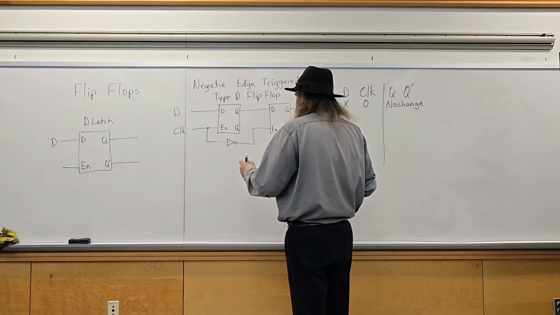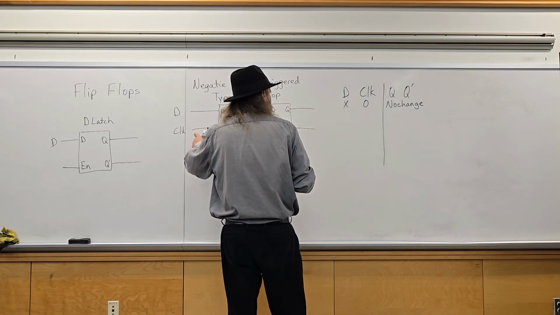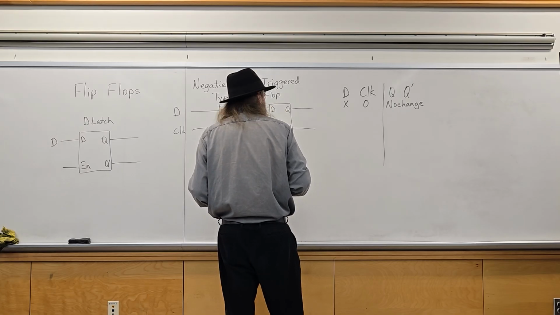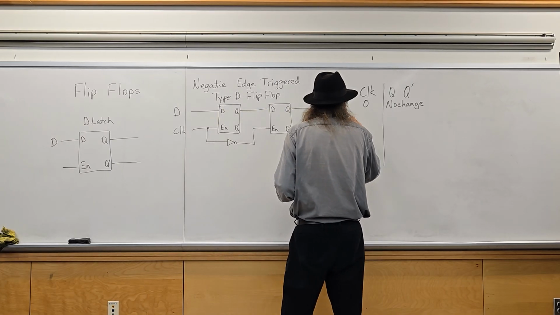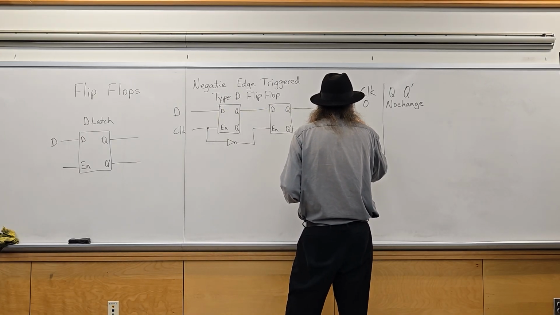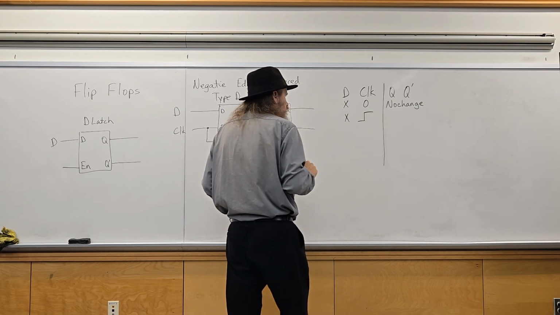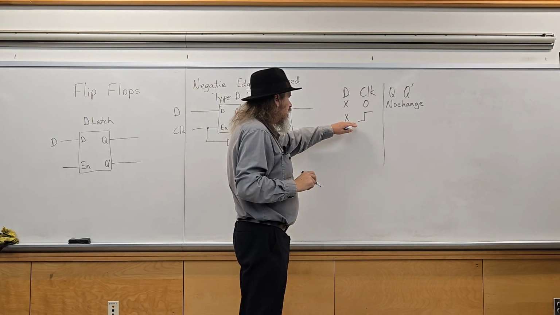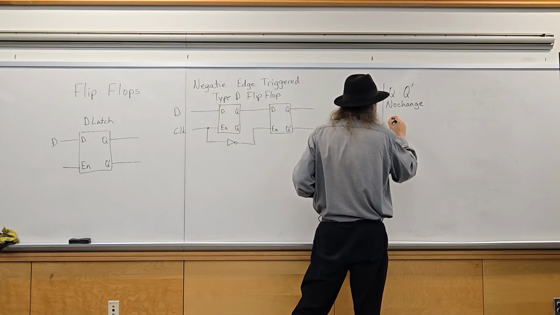When the clock is 0, the output has no change. When the transition is high, it goes to high on the clock. Again, it doesn't matter what D is, there's no change.